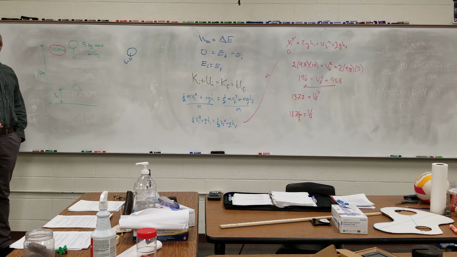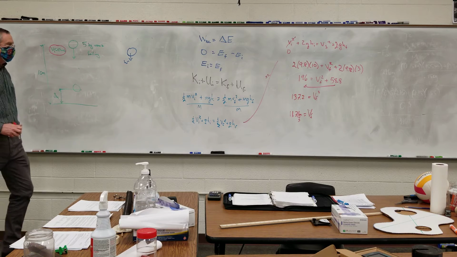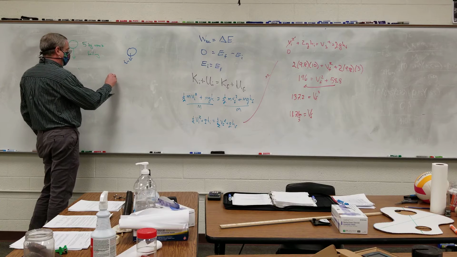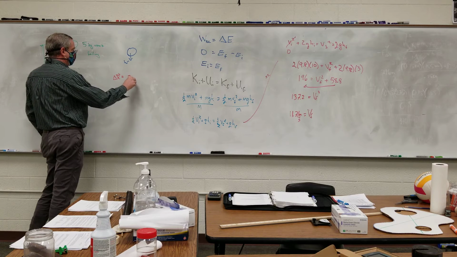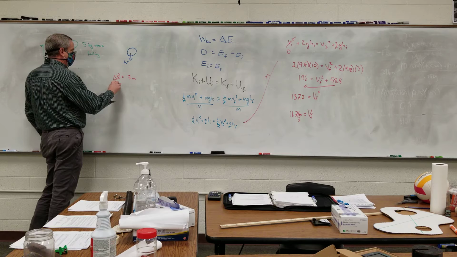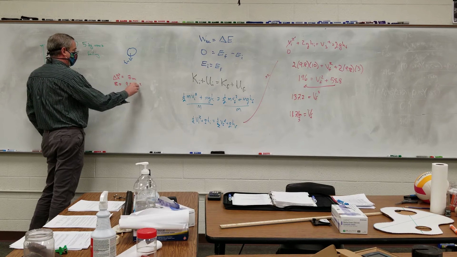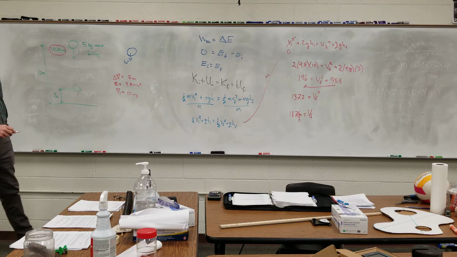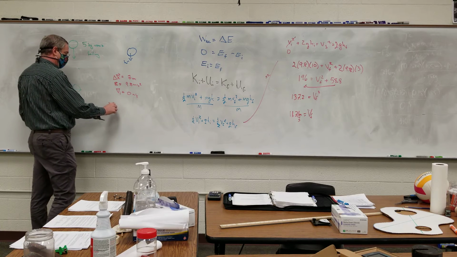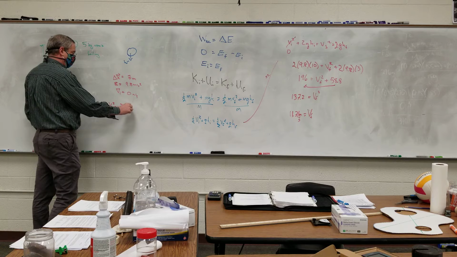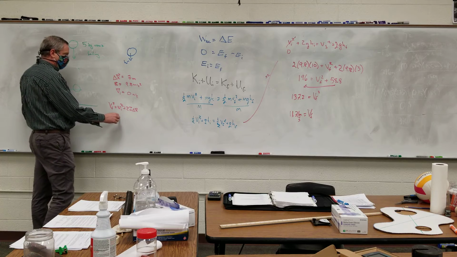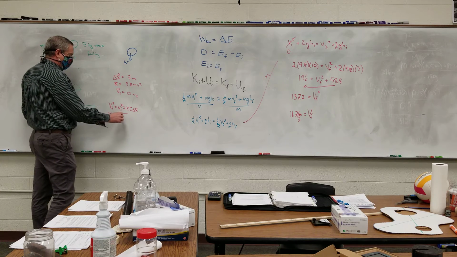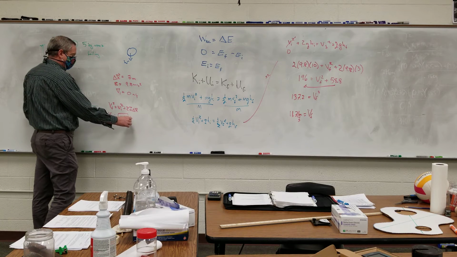If we had used the kinematic formulas, because acceleration is constant as it's falling, let's see, we have displacement is 7 meters, acceleration is 9.8 meters per second squared, initial velocity is 0 meters per second, and so we want VF squared equals VI squared plus 2A delta X. And so we'd end up with VF being the square root of 2 times 9.8 times 7.